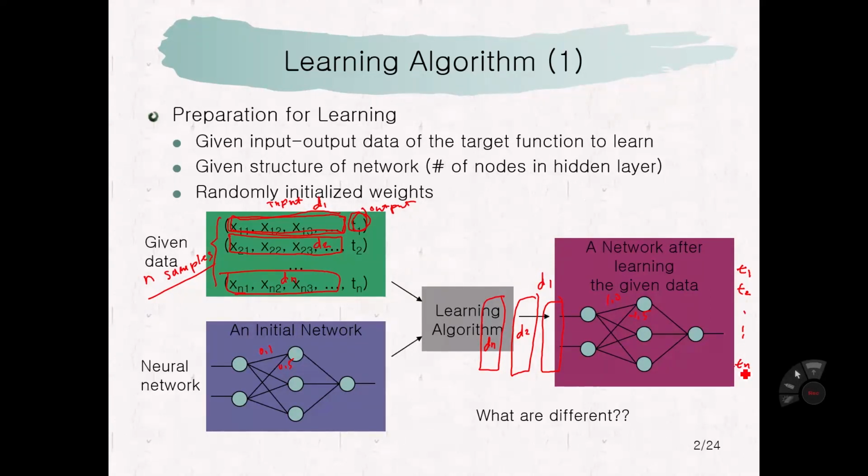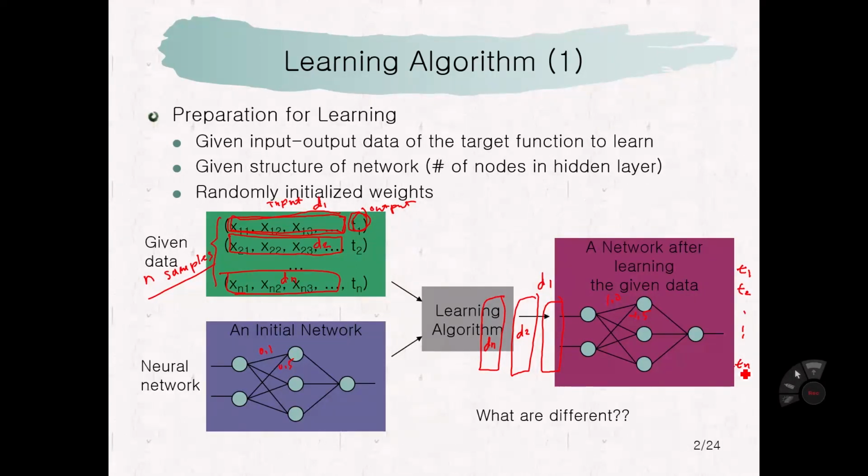So this is what the training algorithm does. Even though it is randomly initialized, and it never learned about this training data, after the training you change all the connection weights like this, and then this neural network can answer any question of this problem.